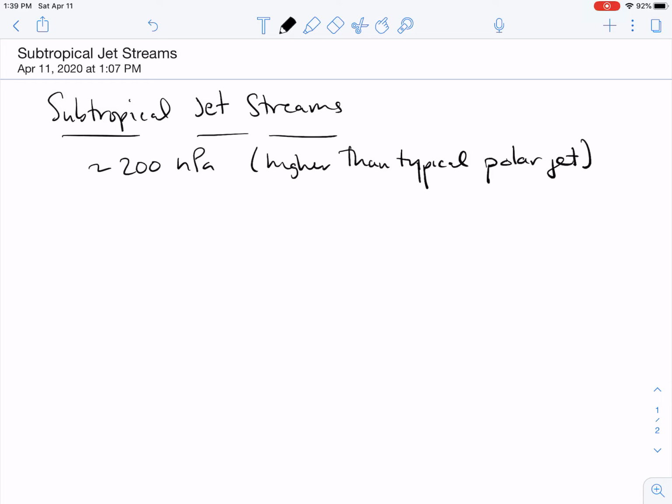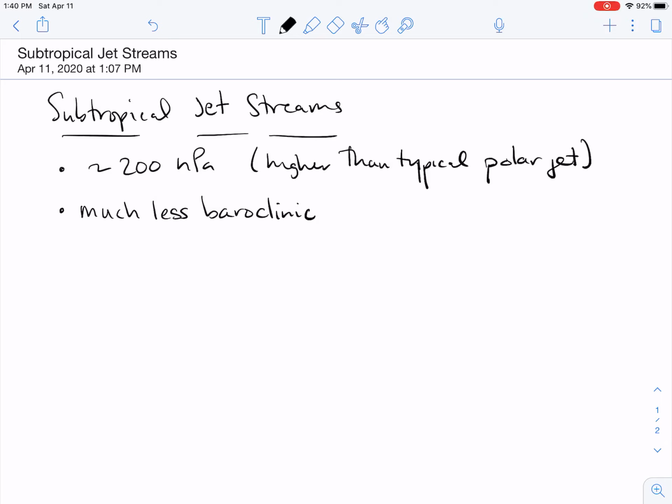One of the other factors, though, is that these subtropical jet streams are much less baroclinic. And as we'll get into in just a little bit, the reason for the subtropical jet stream has much less to do with strong temperature gradients, and that is going to be one of the key differentiators here between what might be a subtropical jet stream and what might be just multiple polar jet streams.